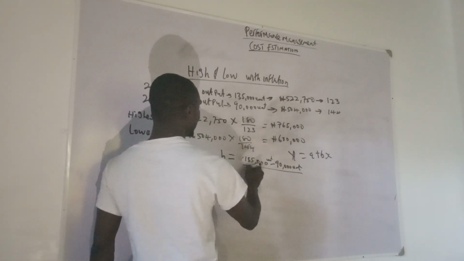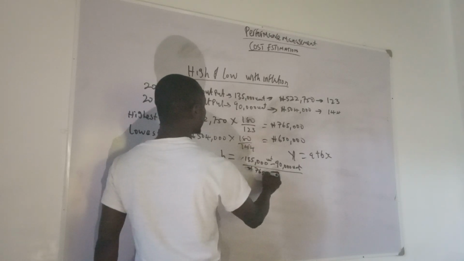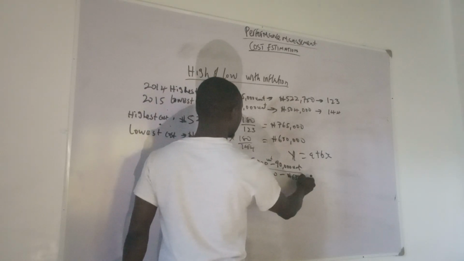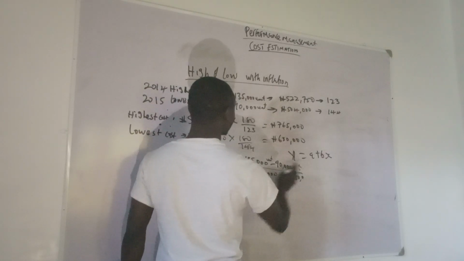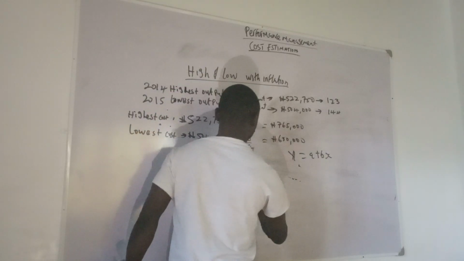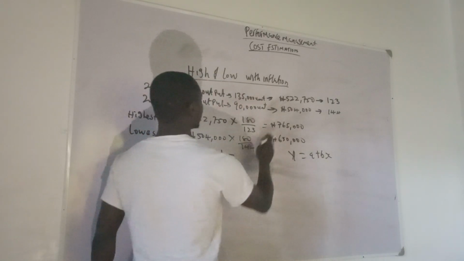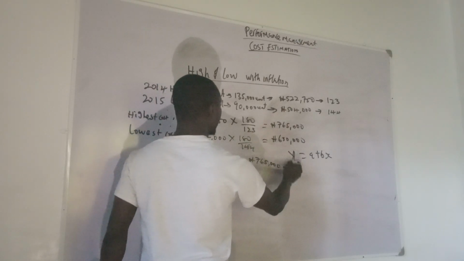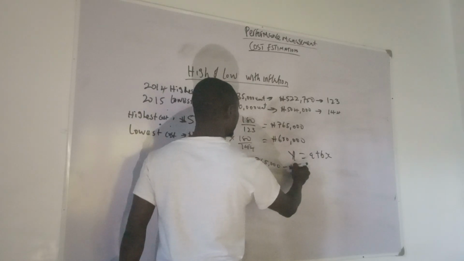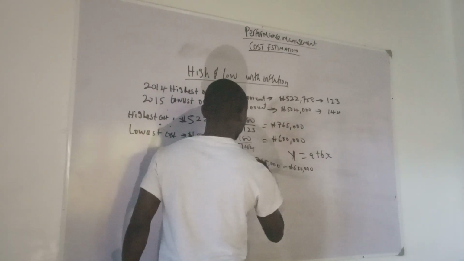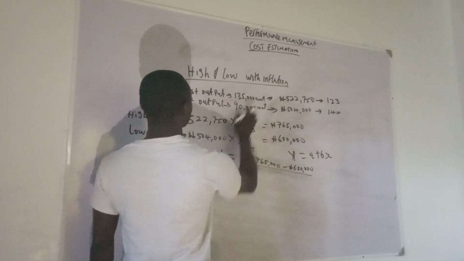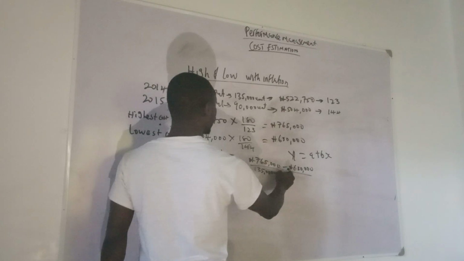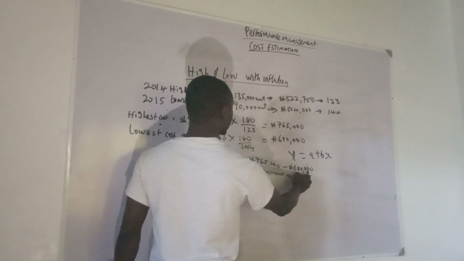Highest cost first, sorry: 765 minus the lowest cost, 630, over the highest output, 135 units, minus 90 units.